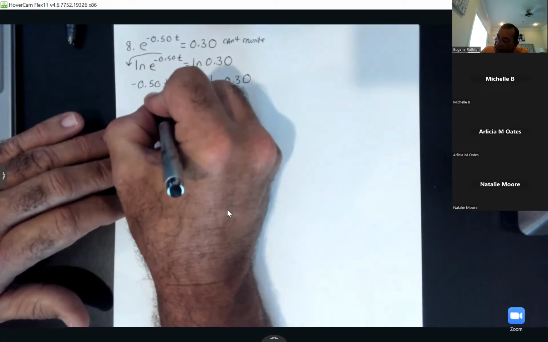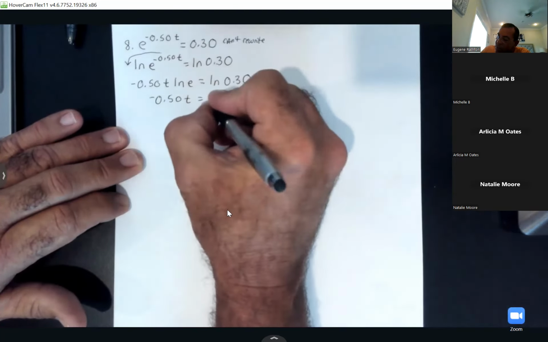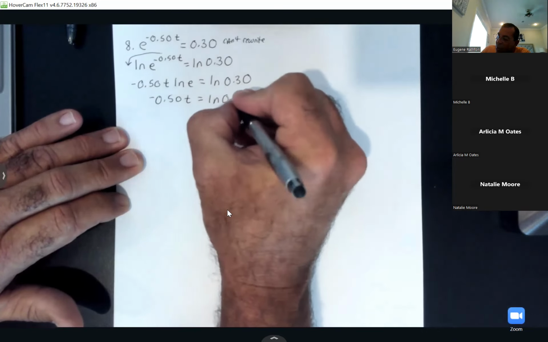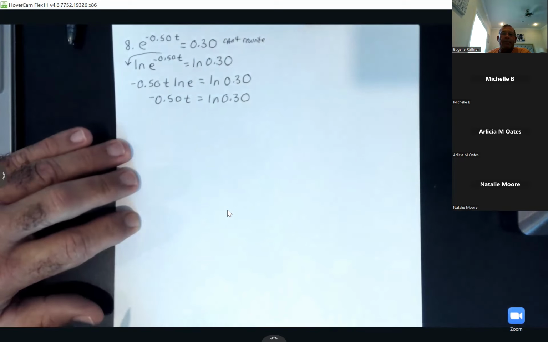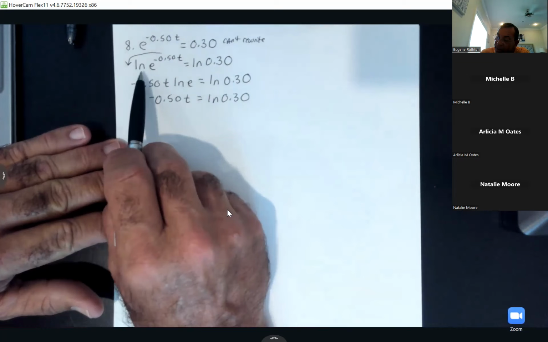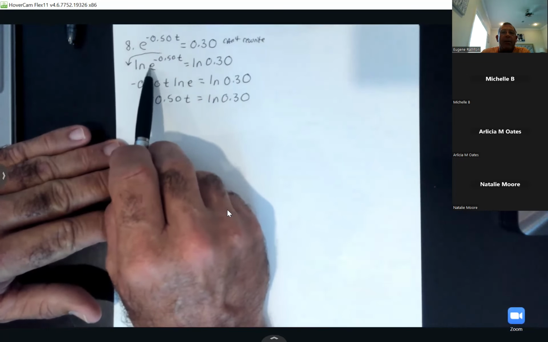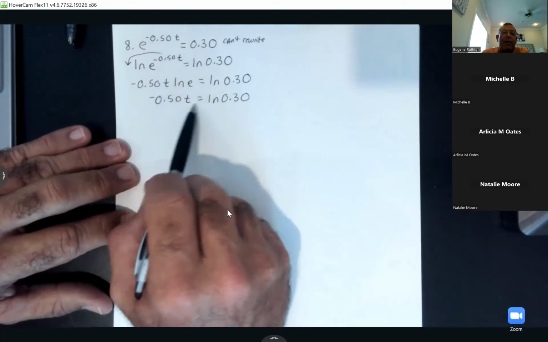That's going to give me negative 0.50t equals the ln of my 0.30. Yeah, so that's a big move in calculus. They do the LNs when they got the E, so they can basically just bring the exponents down.